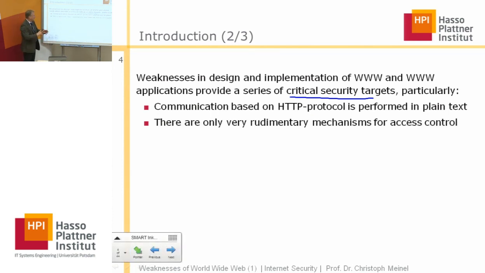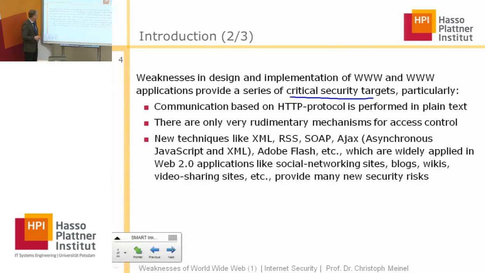Another risk comes from the fact that there are only very rudimentary mechanisms for access control in the web, and so it's difficult to distinguish between authorized and unauthorized users.